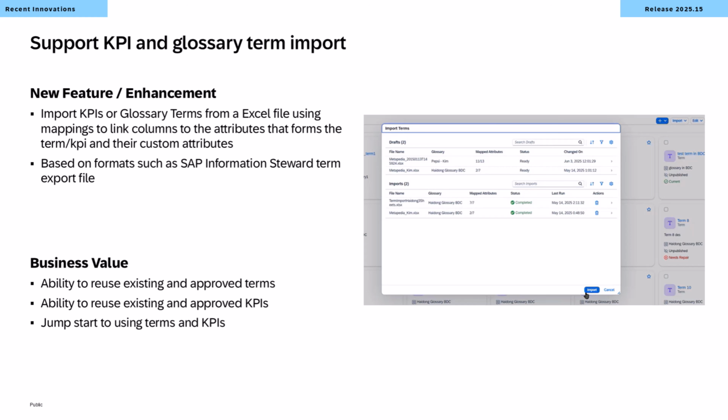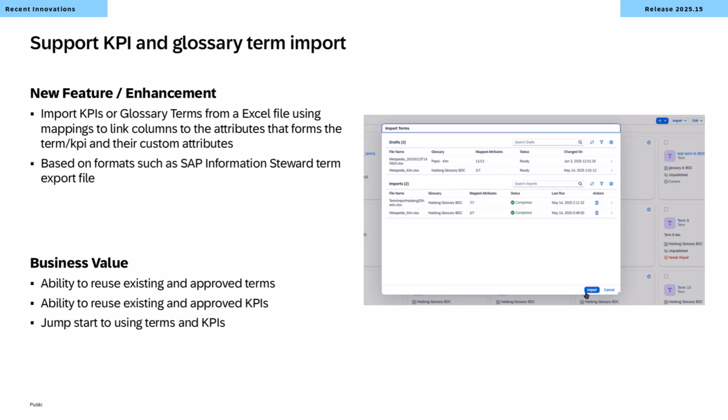The file formats support various standard SAP file format exports for the terms. For example, this is also compatible with the SAP Information Steward term export file. That would allow use cases where you would open SAP Information Steward, export the list of terms that you already defined there, and then re-import these terms directly into SAP Datasphere.